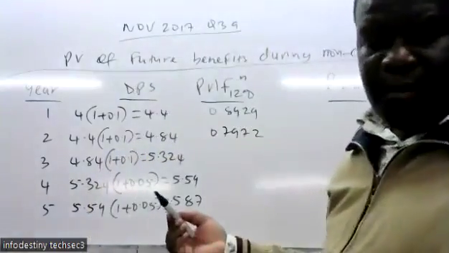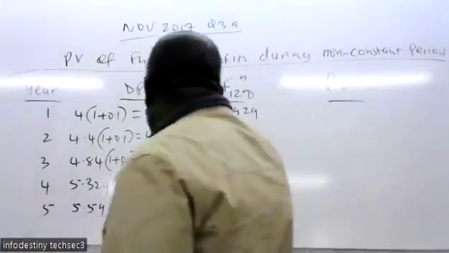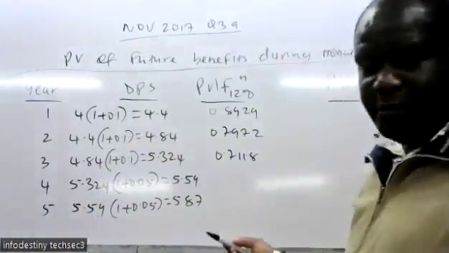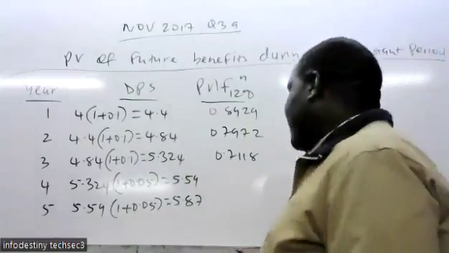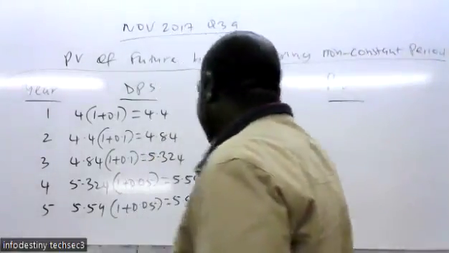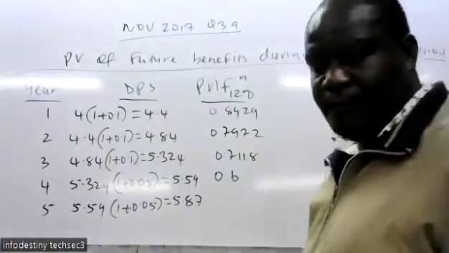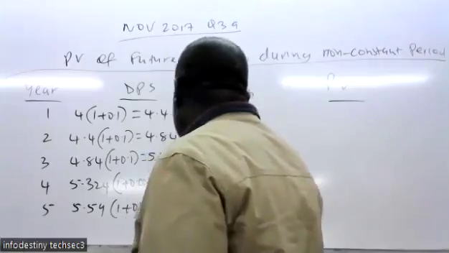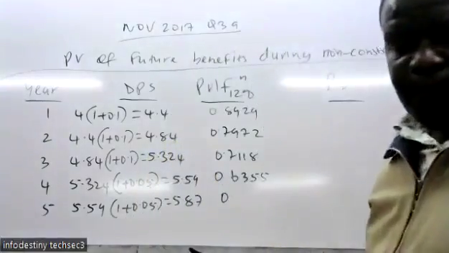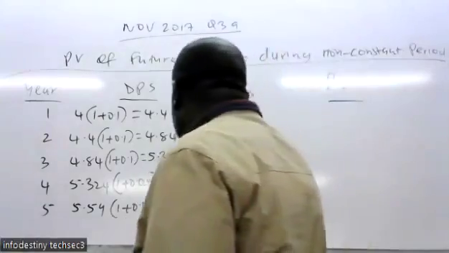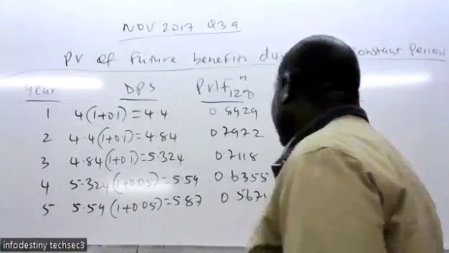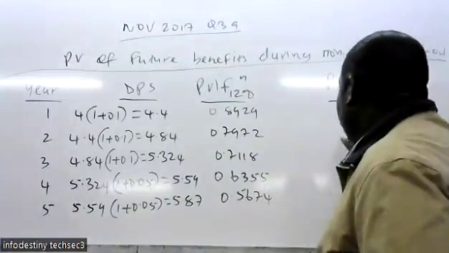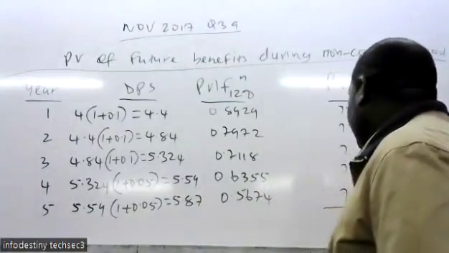Year three is supposed to be 0.71. Multiply those dividend per share figures by those factors, get those values, then we will have the totals.